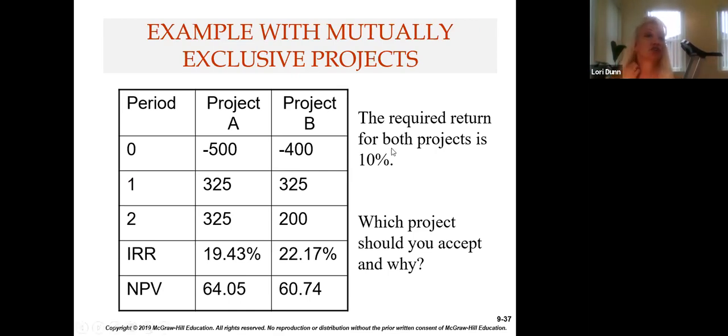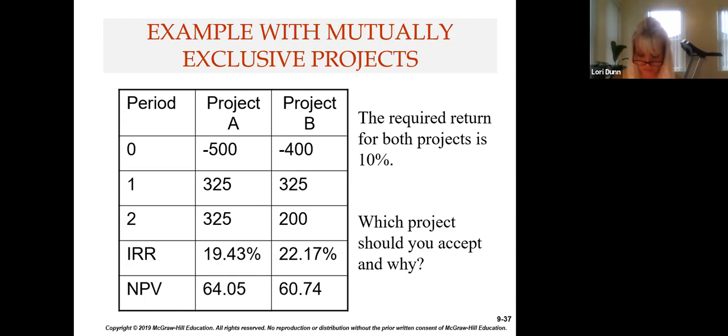Let's take a look. Let's say we have these two projects. Project A, mutually exclusive. We can only pick one. Project A requires a cash outflow of $500, and then its inflows will be $325 and $325. Given that information, we can calculate the internal rate of return. Remember, that's where net present value would be 0.